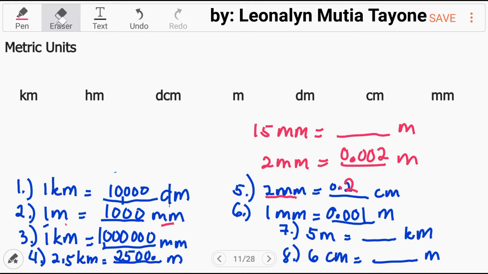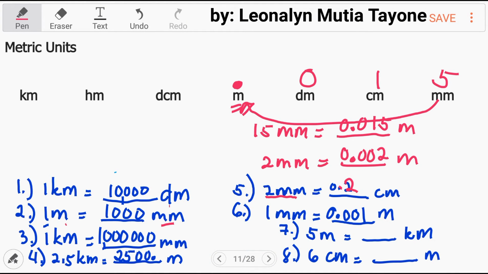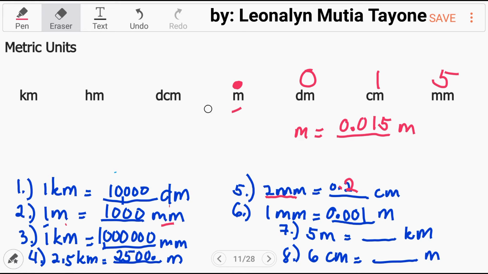So, 15 millimeter to meter, and that is equals to 0.015 meter. Pareho lang yan yung kanina na i-divide natin ng 1,000. So, 15 divided by 1,000 is equals to 0.015.